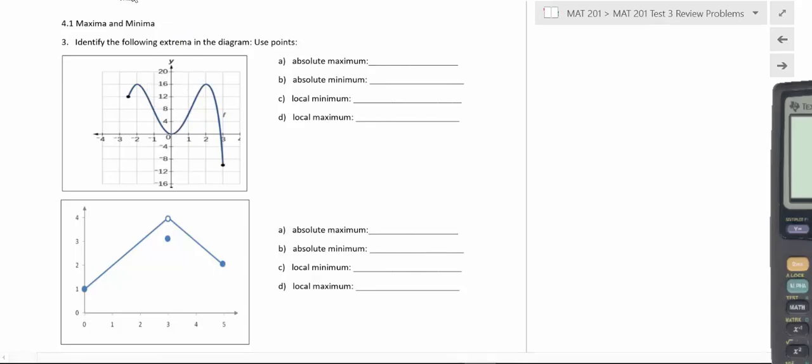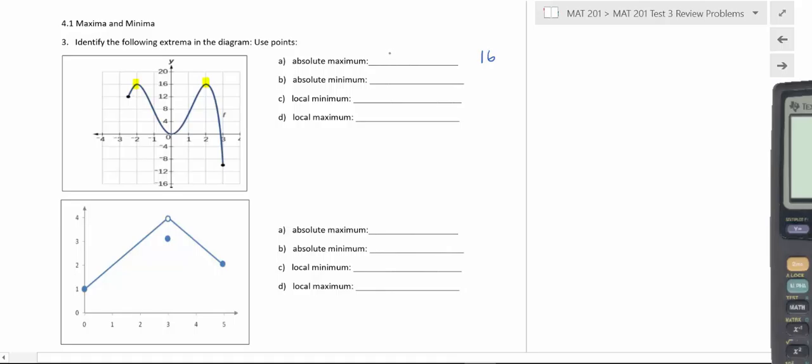So an absolute maximum would have to be a point where the function reaches its absolute highest value of y. So there's actually two absolute maximums. And typically what you can do, you can write points. You can also write y values. So I'm just going to write points on this, but 16 is clearly the highest y value that we hit. That's the absolute maximum.